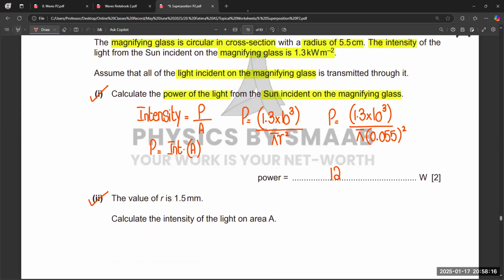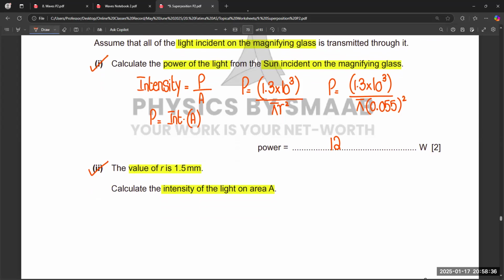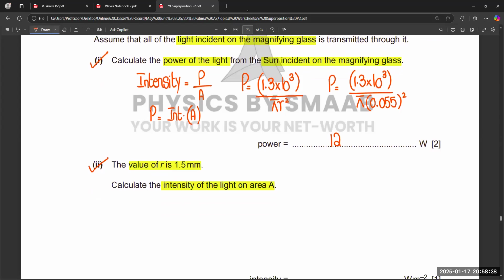In the second part, the value of small r is 1.5 millimeter. Calculate the intensity of the light on area capital A. So now the value of r changes. Again, we need to use the formula of intensity because only the area is different; otherwise, power is the same.